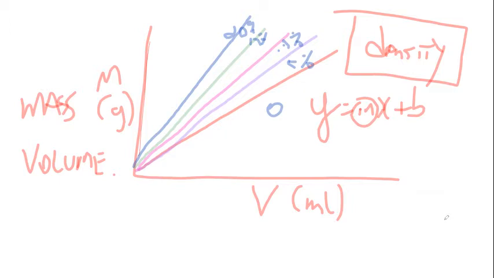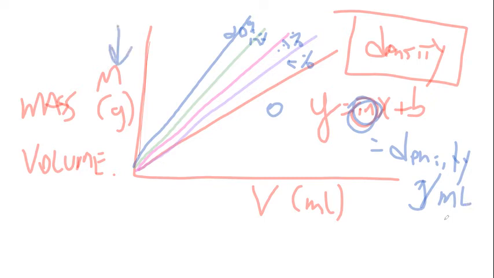And remember, the slope, the m in mx plus b, is equal to your density in grams over mils. So make sure you plot grams and milliliters, not kilograms or liters or anything like that. You'll get completely different results.